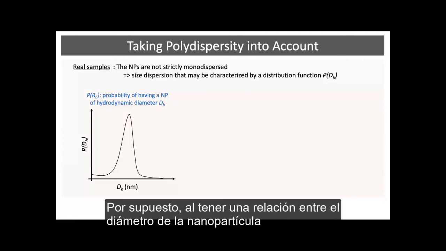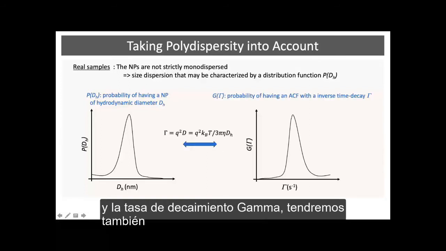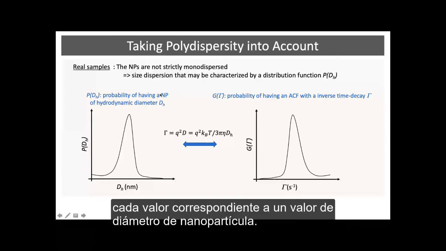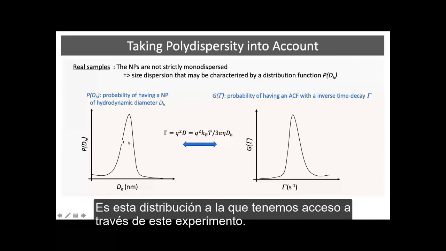Because you have a relation between the diameter of the nanoparticle and the decay rate gamma, you will also have a probability of measuring a given gamma, each value corresponding to a value of the diameter of your nanoparticle. It is this distribution to which we have access via the experiments.